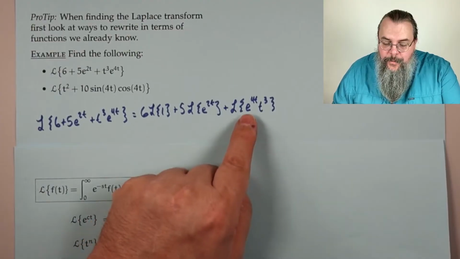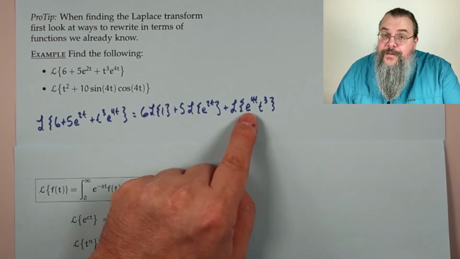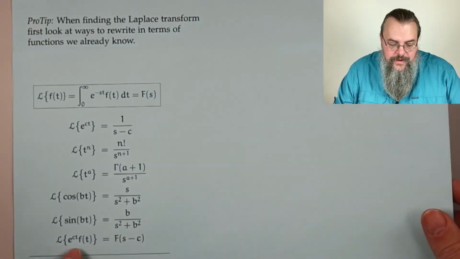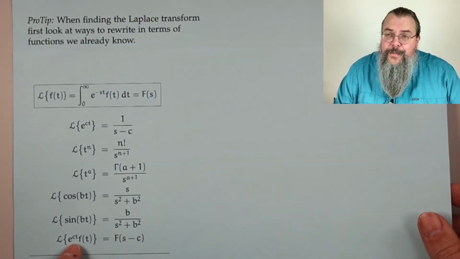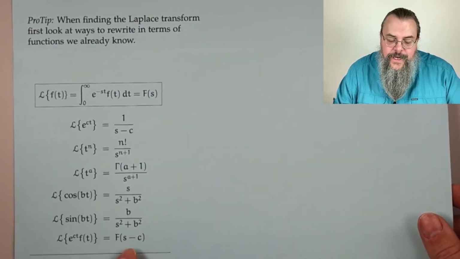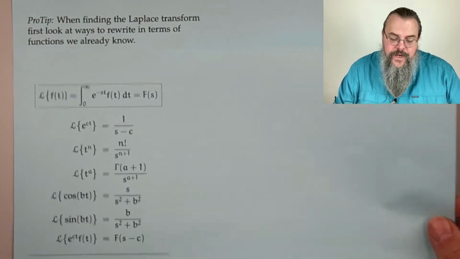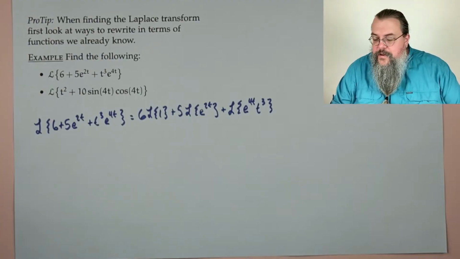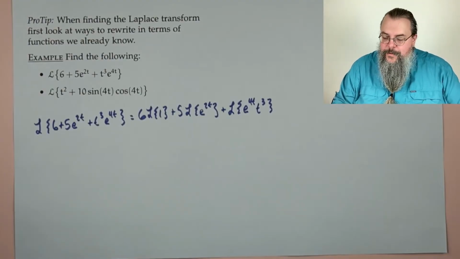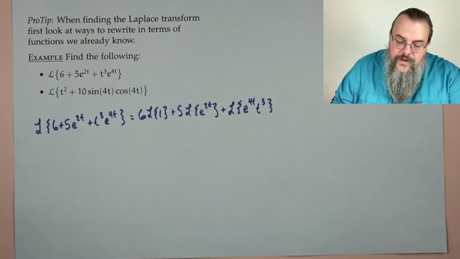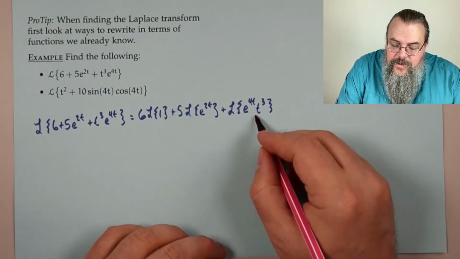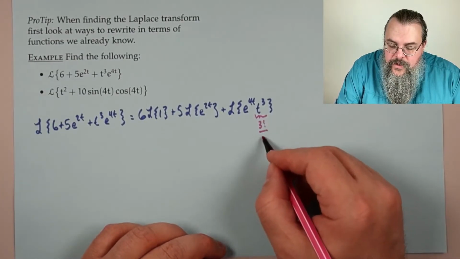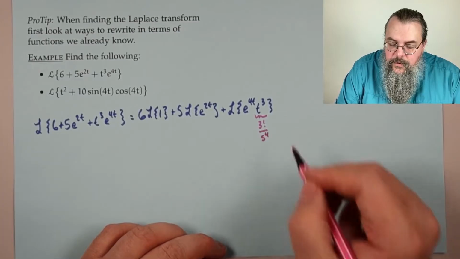But what happens with this e to the 4t? Well, that's our rule. If we multiply by an exponential, we have a shift. Shift by 4. So sometimes I like to make notes because it's easy for me to get lost. So I would say, look, normally the t cubed would be 3 factorial over s to the 4.